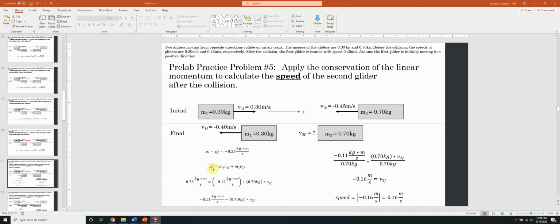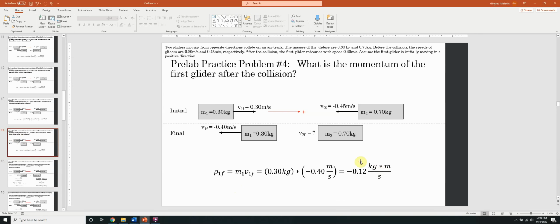Another thing that we know is that the final momentum is equal to m1 v1 final plus m2 v2 final, right? So if we substitute those values in here, we have the final momentum is equal to negative 0.23 kilogram meters per second. And that's equal to m1 v1 final, or negative 0.12 kilogram meters per second, right? That's what we calculated right here.